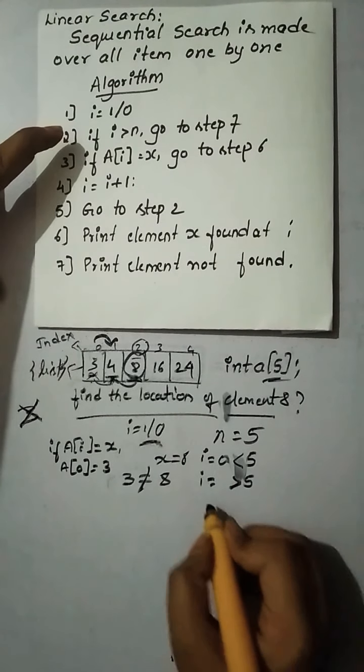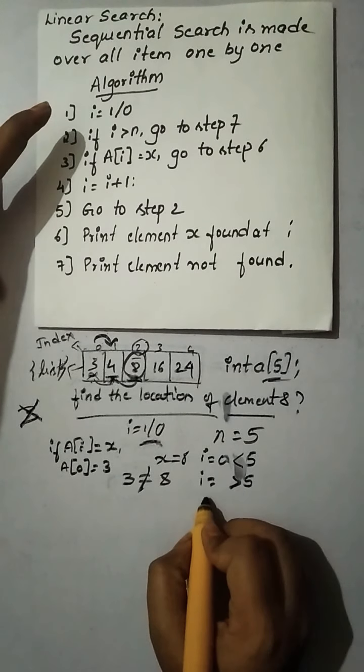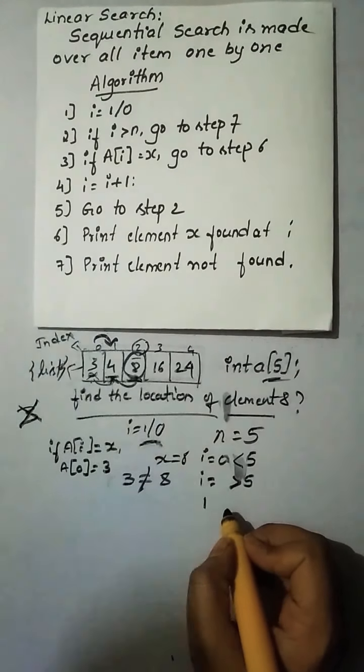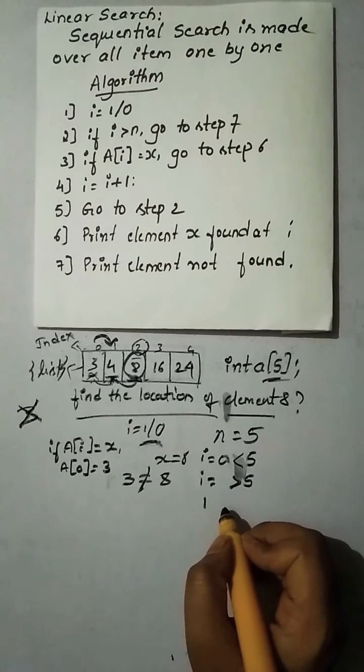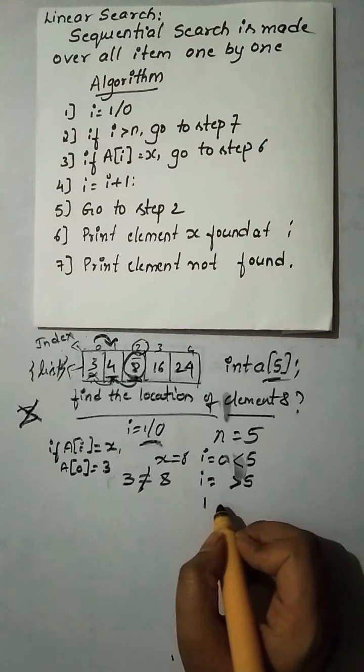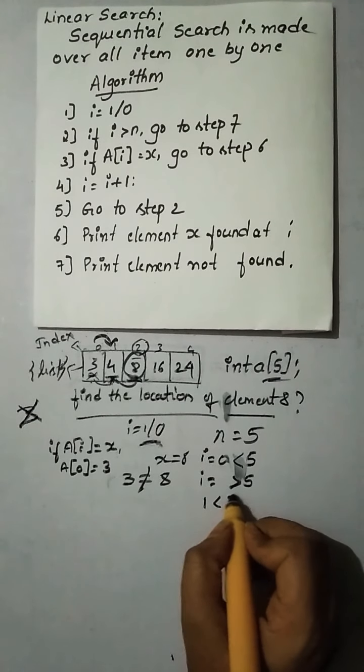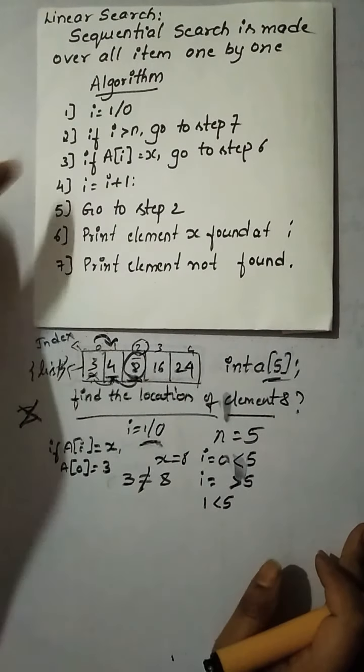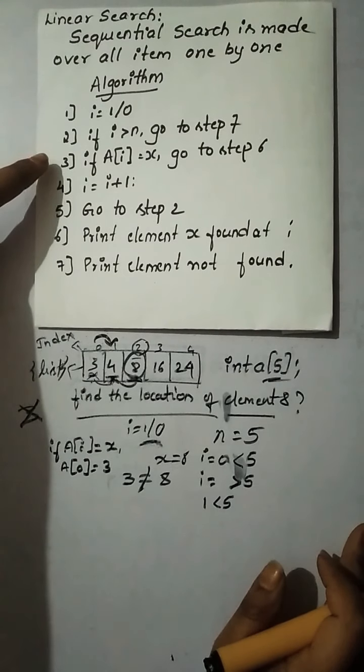What is the index number? 1. Is 1 greater than 5? No, 1 is less than 5, so we go to the third step.